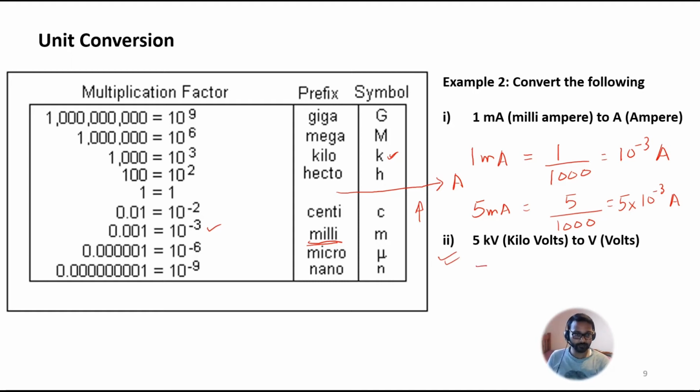So if we have to convert 5 kilovolts, we have to move down, we have to multiply. So it will be 5 multiplied by 10 to the power 3 volts. So in a numerical or in a question, you would obviously have some formula.